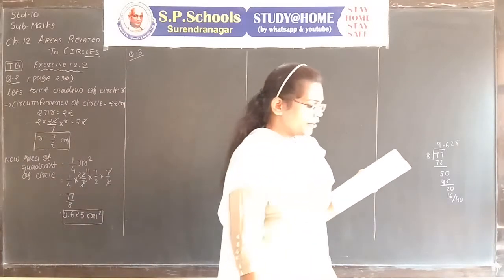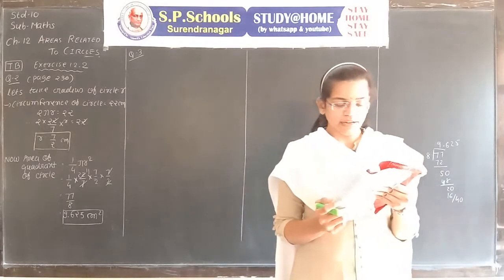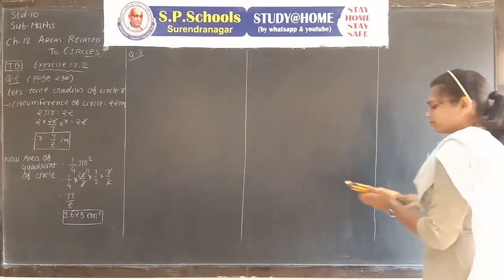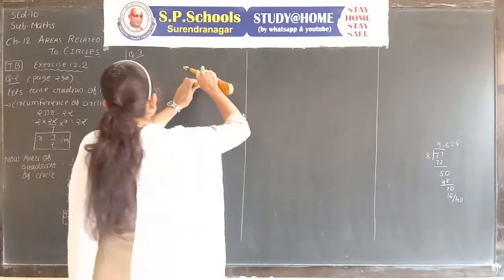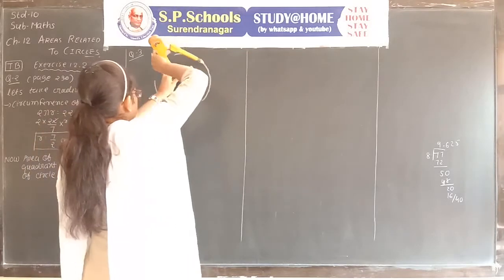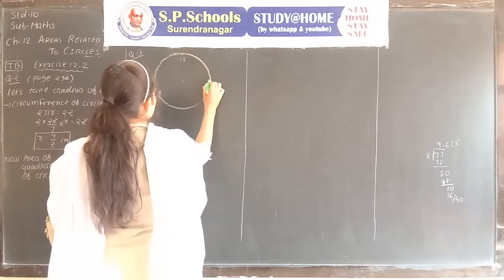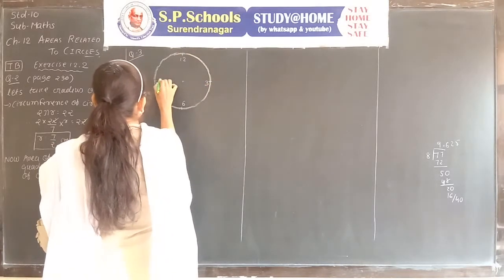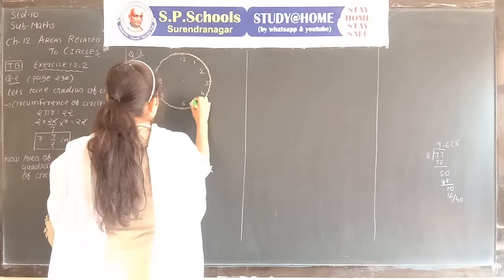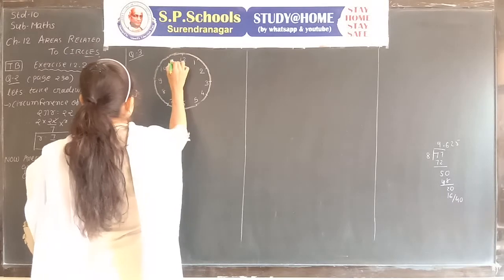The length of minute hand of clock is 14 centimeter. Find the area swept by the minute hand in 5 minutes. To understand this question, let's draw one figure. 12, 3, 6, 9, 1, 2, 4, 5, 7, 8, 10 and 11.